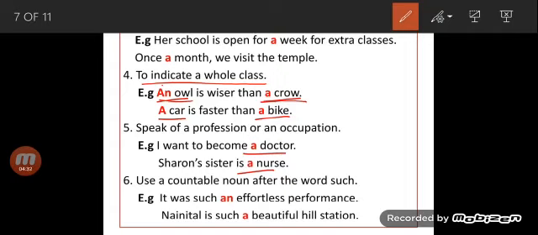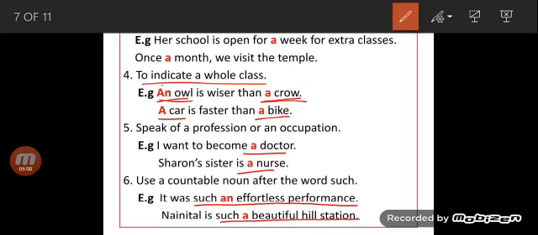Next rule. Use a countable noun after the word such. When we use a countable noun after the word such, we use indefinite articles, that is a and an. For example, it was such an effortless performance. Nainital is such a beautiful hill station.